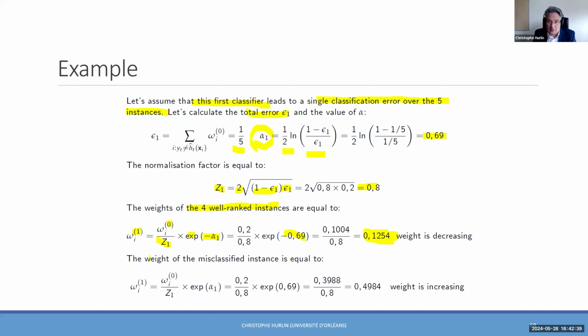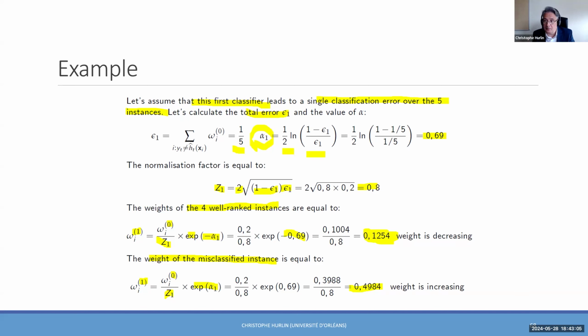On the contrary, for the misclassified instance, the new weight is the initial weight divided by Z1 times exponential alpha 1. So it is equal to 0.49. So the weight increases from 0.2 to 0.5.